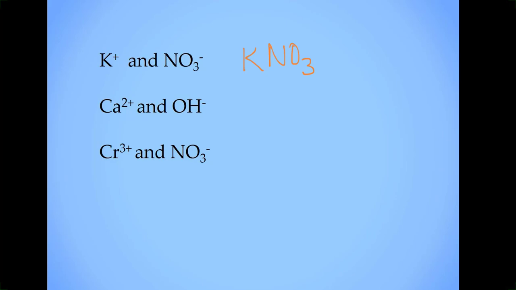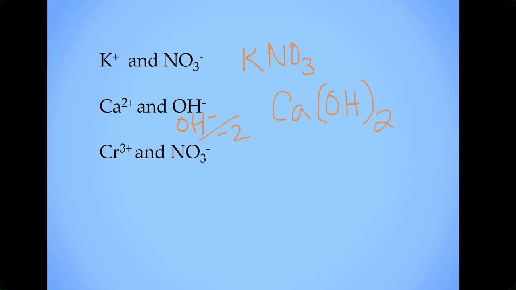All right, let's look at the next one. So I have calcium ion, and then this is hydroxide ion, and the whole group has a charge of a -1. I can't just stick this one together because it won't cancel out that +2. So I need to have two hydroxides. That will give me a total charge of -2. So you write this with Ca, OH in parentheses, and then 2.